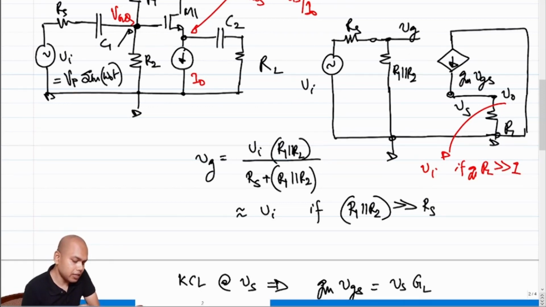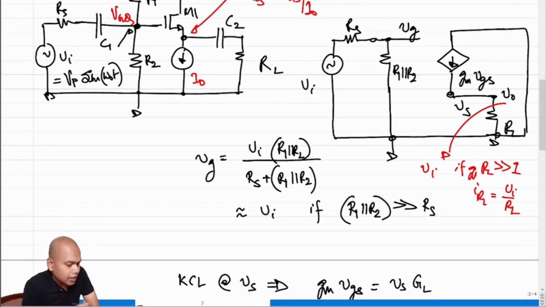If the incremental voltage at the output V0 would have been equal to Vi, what do you think the incremental current through RL would have been? So in this case, IRL would have been Vi over RL, and that current has nowhere to flow but through the transistor. Hence, the incremental current through the transistor would also have been Vi over RL.